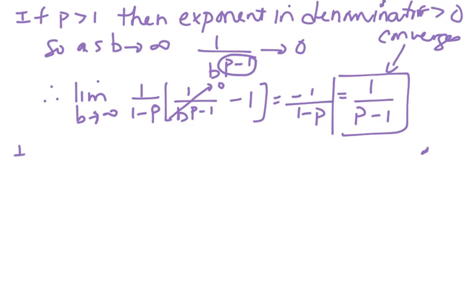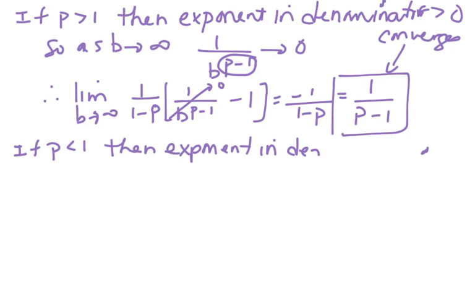So if p is less than 1, then the exponent in the denominator is going to be less than 0.